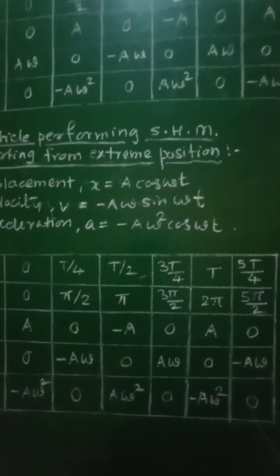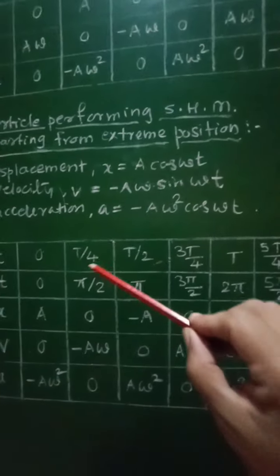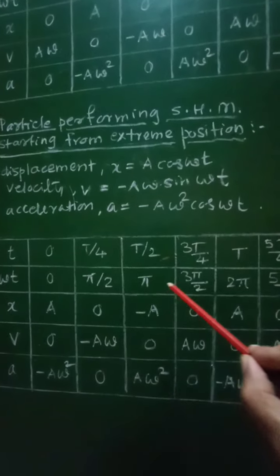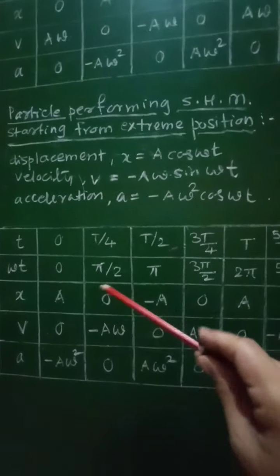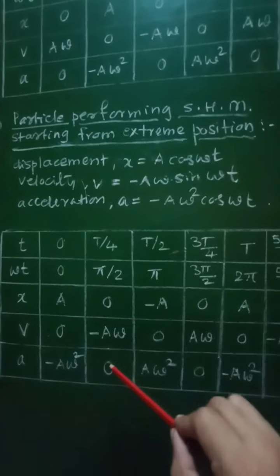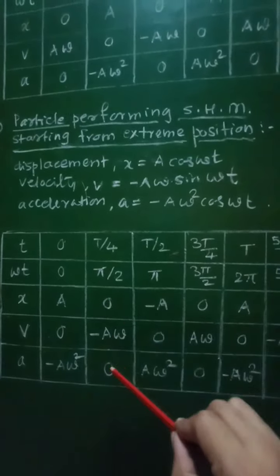Similar to the first case, for different values of omega t, we can find the values of x, v and a, and after solving these equations, for displacement x the values are a, 0, minus a, 0, a for respective values of omega t.